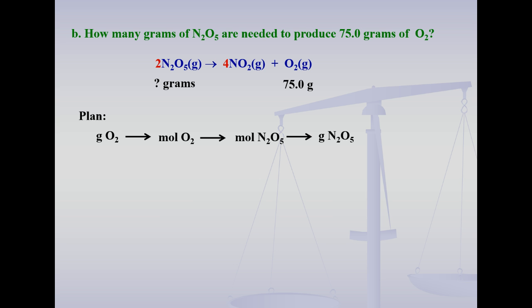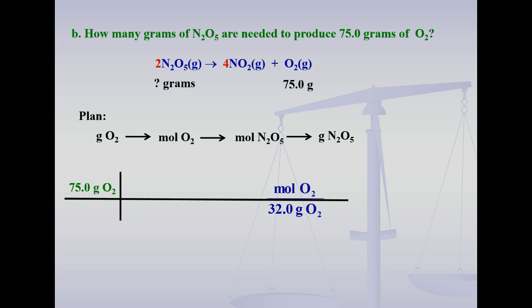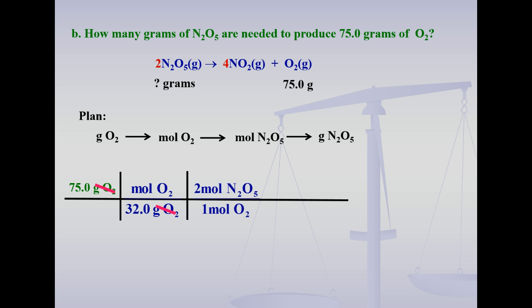All right, let's solve. We are going to start with 75.0 grams of oxygen. Multiply by the formula mass with moles on top, 1 mole of oxygen over 32.0 grams. Divide out the common unit, grams of oxygen. Then multiply by the mole ratio, 2 moles of dinitrogen pentaoxide over 1 mole of oxygen. Divide out the common unit.